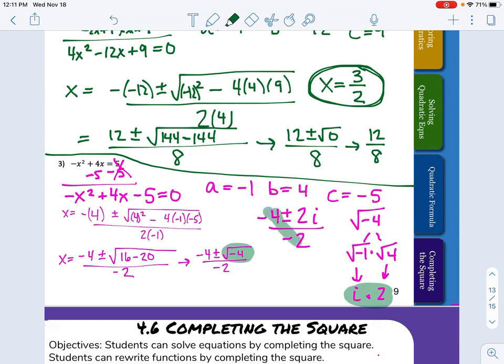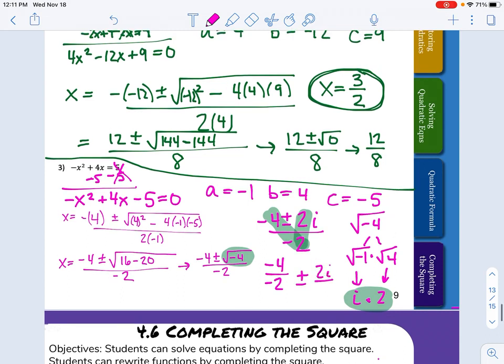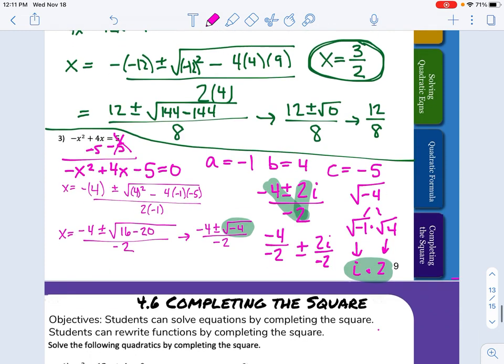If you recall from a couple lessons ago, if both of these are reducible by negative 2, do it. You could even split it out, negative 4 over negative 2 plus or minus 2i over negative 2. They are both reducible, so we are going to reduce them. We have positive 2 plus or minus i.